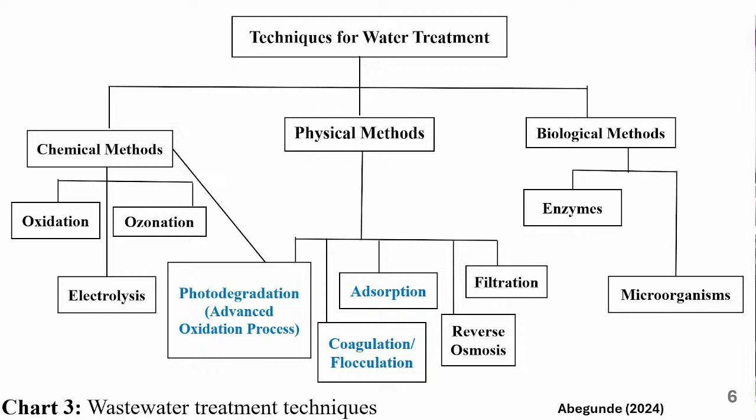Adsorption is the process by which pollutants from water are transferred to the surface of adsorbents, which is the material that will be used for the adsorption process. In the process, the adsorbent will sequester and remove the adsorbate, which is the pollutant, from water. Then the water will be safe to use.